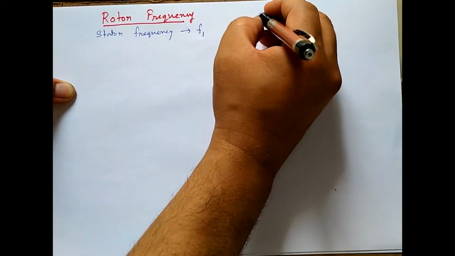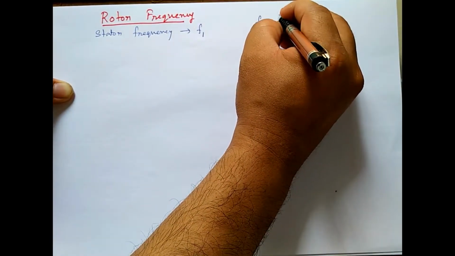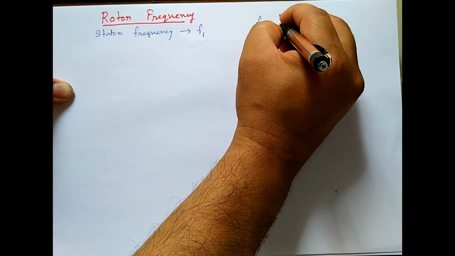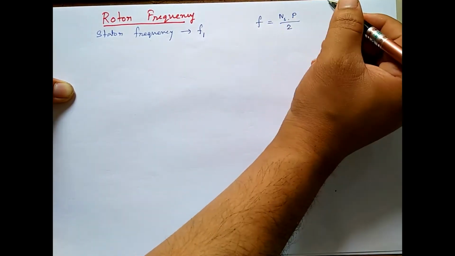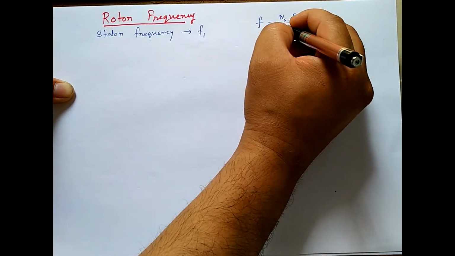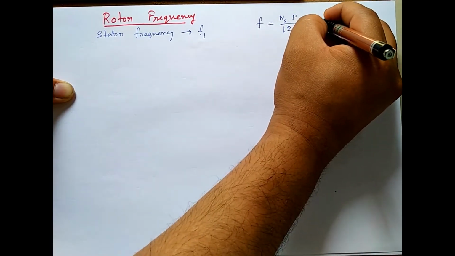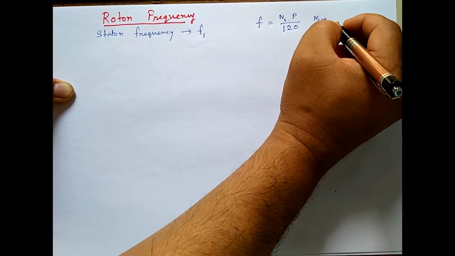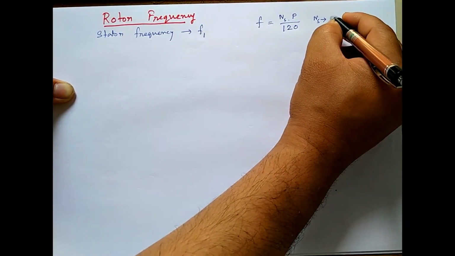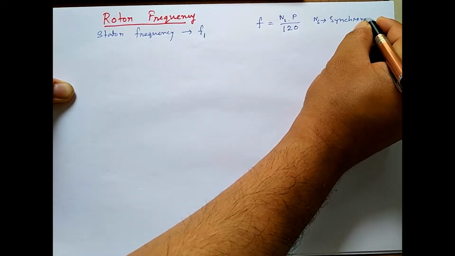You know that the supply frequency equals Ns P divided by 120, where Ns is the synchronous speed in revolutions per minute.